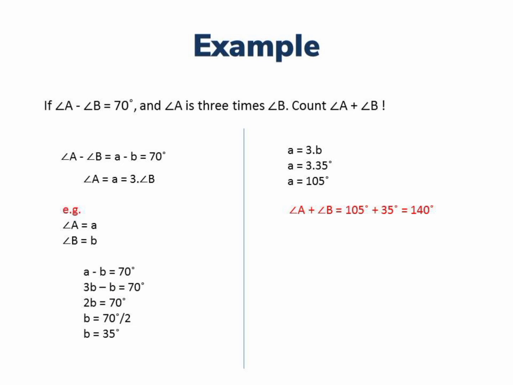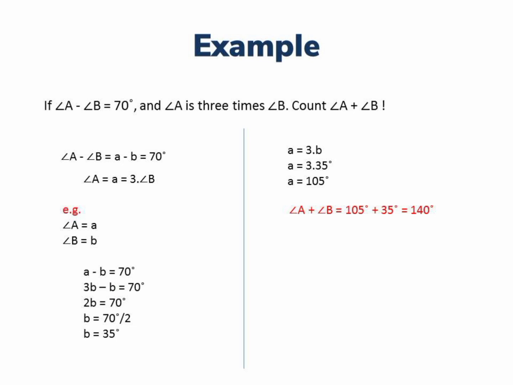A minus B equals 70 degrees, and next 3B minus B equals 70 degrees, and the next 3B minus B is equal to 2B, okay, and then 2B equals 70 degrees, and B is 70 degrees over 2, and then we will find the value of B is 35 degrees.